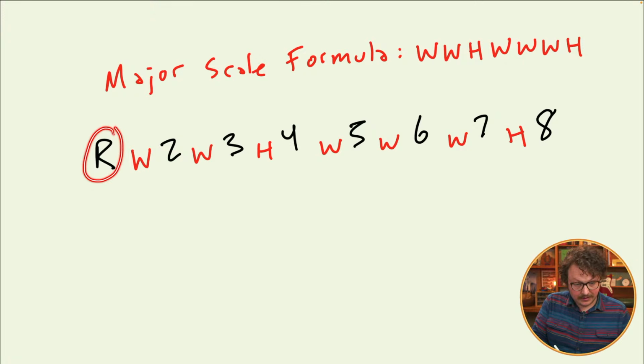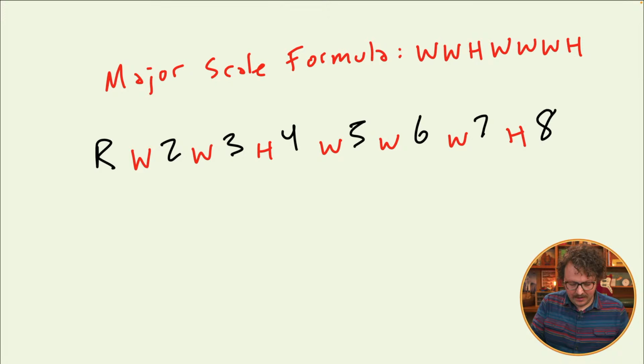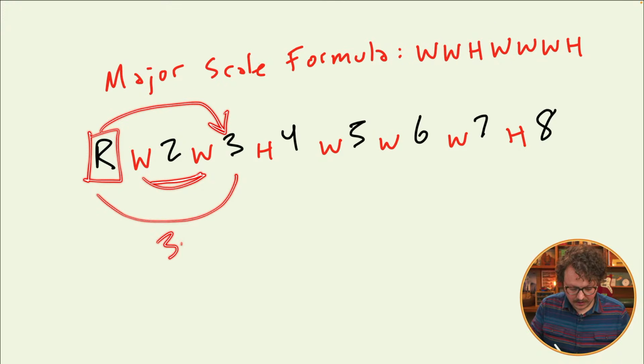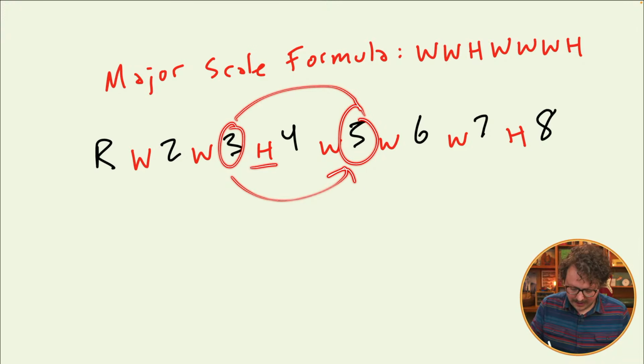Regardless of what note this is, the distance from the first note to the second note is always going to be a whole step. The distance from the first note to the third note is always going to be 2 whole steps, which is called a major third. That is the type of interval that is. And that means the distance from here to here is always going to be the same, because half, whole.